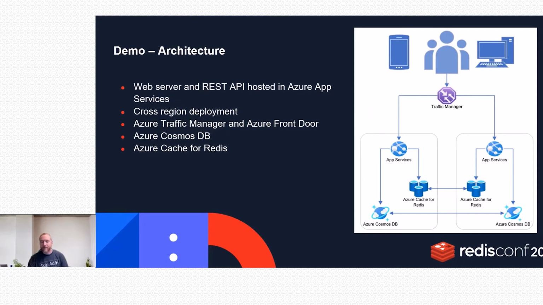To host our API, we've chosen to use Azure App Service, which is capable of hosting most of the key web application frameworks and programming languages you love, such as Java, .NET, Ruby, Node.js, PHP, and Python.